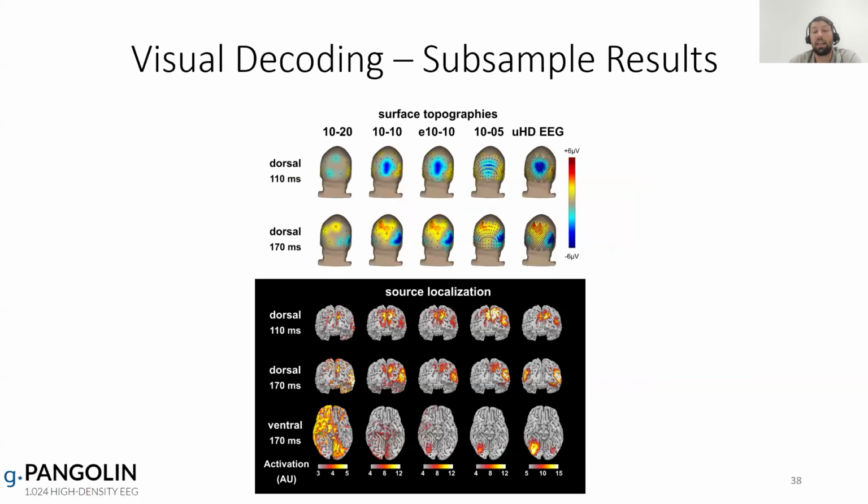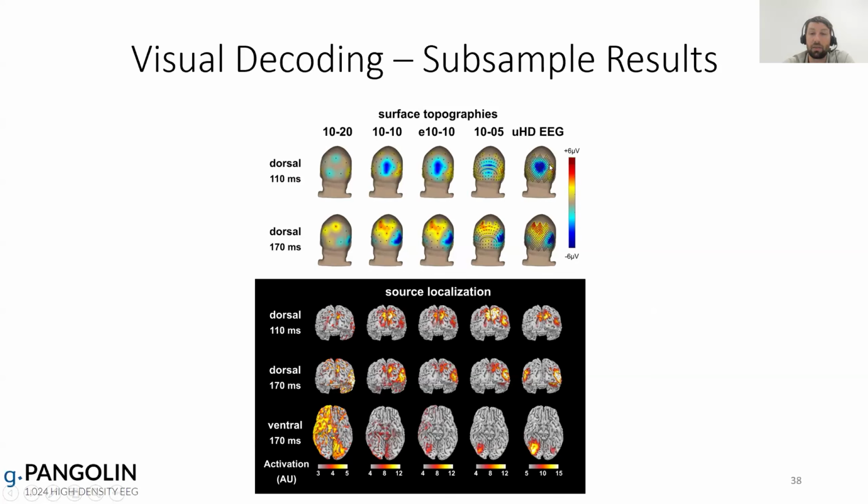And again, as a comparison, we did some plots with the subsets, so the 10-20, the 10-10, extended 10-10, the 10-5, and our system. And with the subsets, we then performed plots with a similar interpolation method. And you can clearly see that the 10-20 system electrodes selected do not evenly give us the nice activation maps that we would expect.